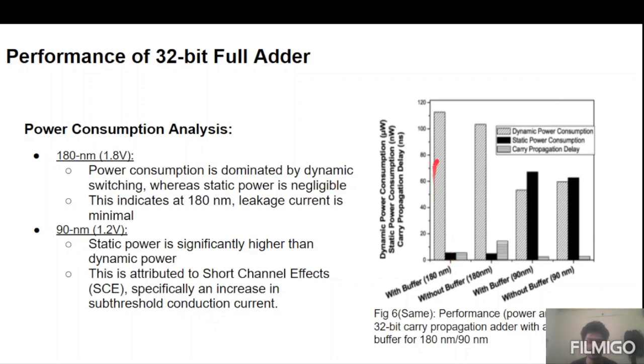So the dynamic power is much higher than the static power for both the buffered and the unbuffered configurations, and this can be attributed to the fact that at the 180 nanometer level, leakage current is very minimal. Whereas at the 90 nanometer level, the static power starts dominating over the dynamic power. This is because of the presence of short channel effects, specifically an increase in subthreshold conduction current.